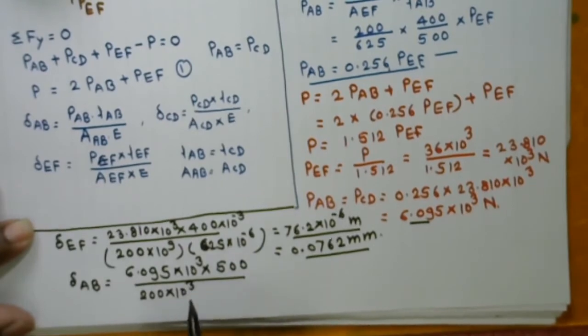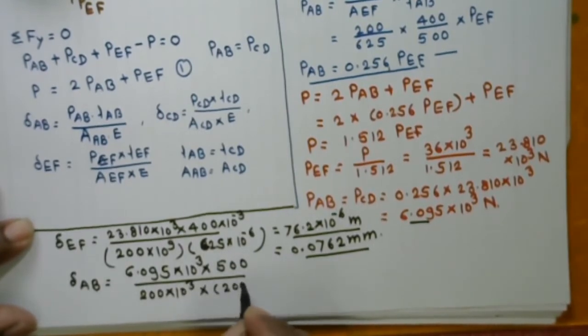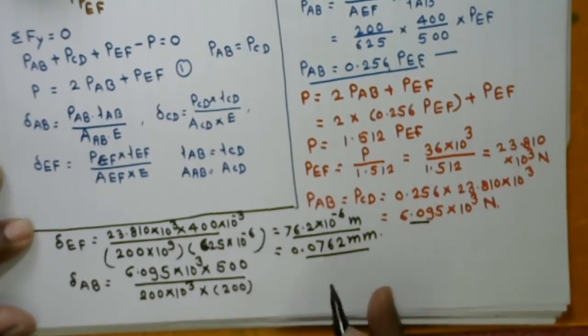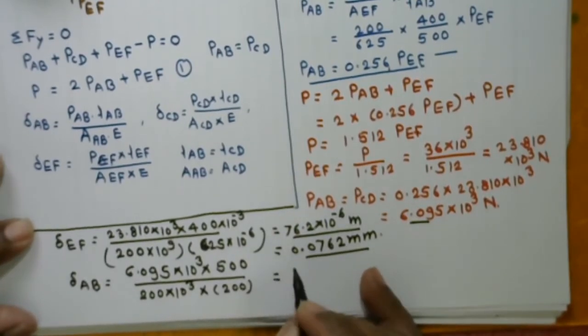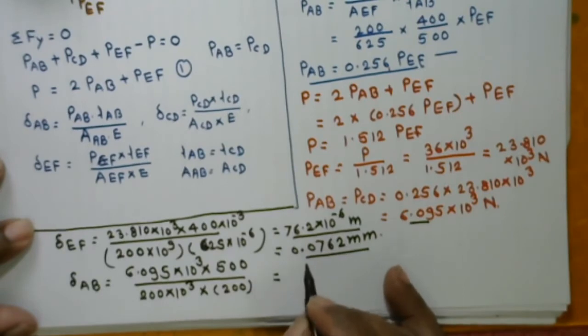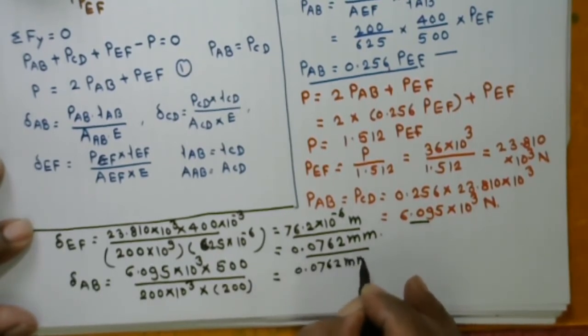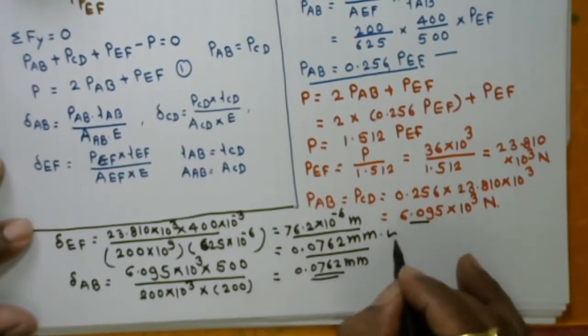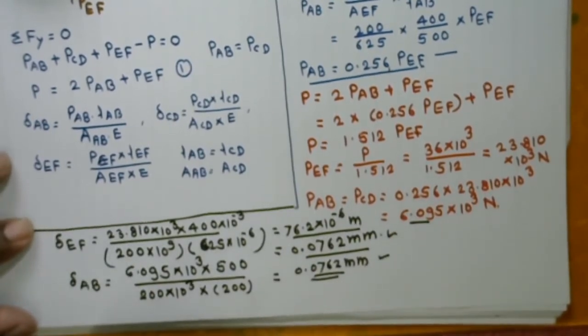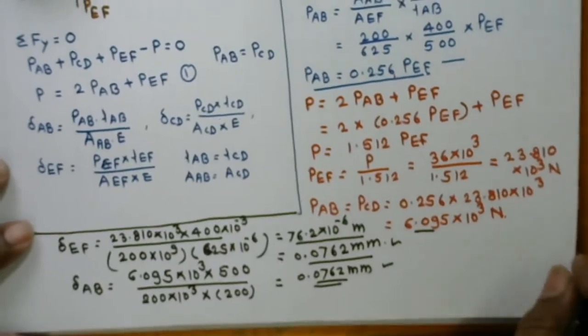I am taking in mm now for your practice, into 200. So from that equation, your answer is again 0.0762 mm. So now this deflection is the same. Is it right? Okay.